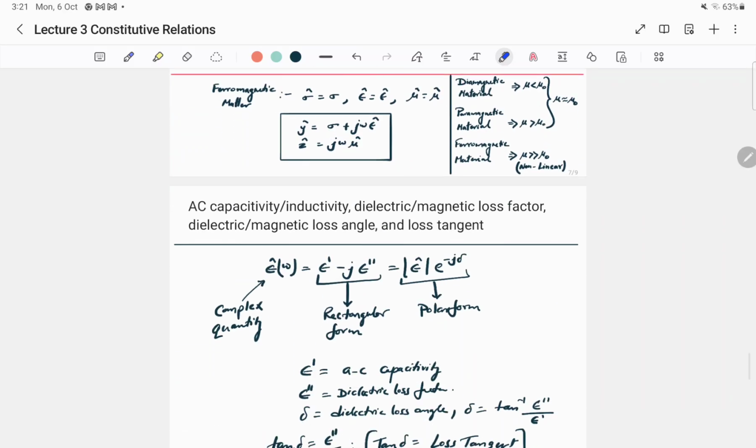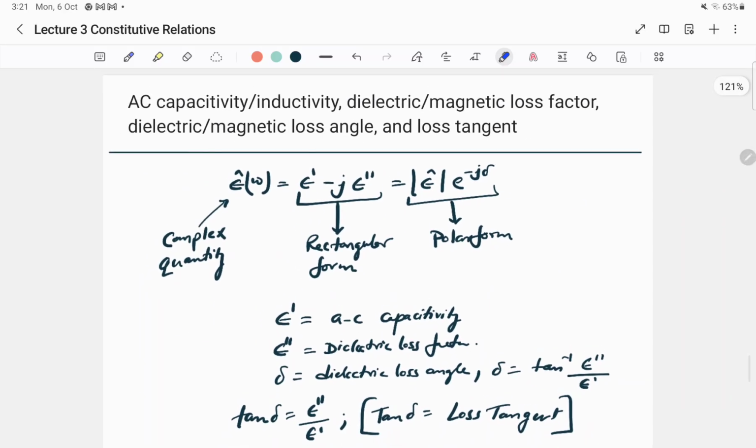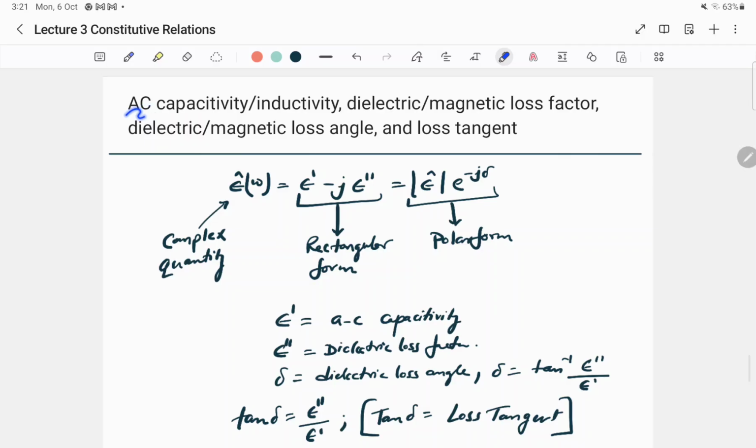Okay, all right. Now let's look at this topic: AC capacitivity or inductivity, dielectric or magnetic loss factor, dielectric or magnetic loss angle, and loss tangent. We have already seen that this epsilon cap, which is a function of omega, is a complex quantity.